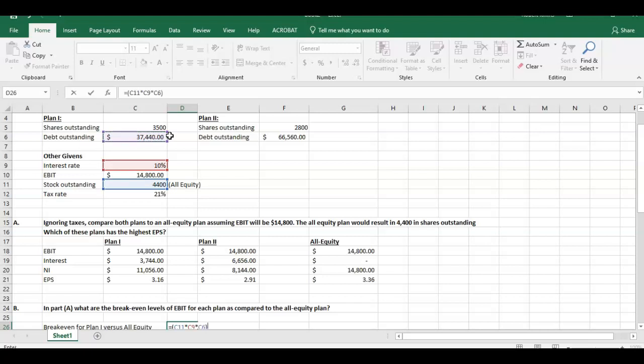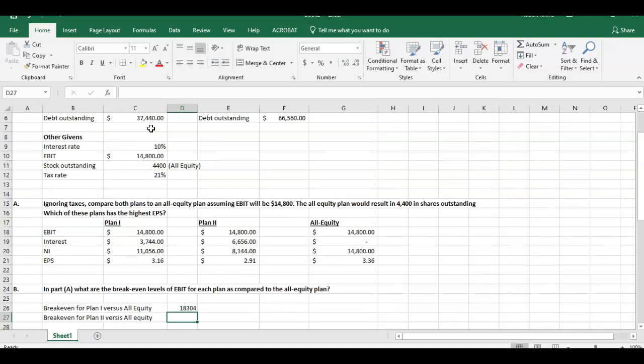Close that parenthesis there, and then we're going to divide that by a denominator which would be equal to 4,400 minus the number of shares outstanding if we went with plan number 1. Okay, so that's the first break-even level for plan number 1 versus the all equity plan.